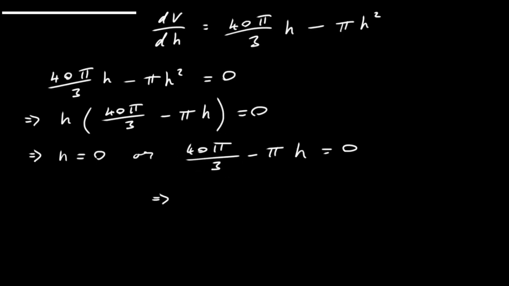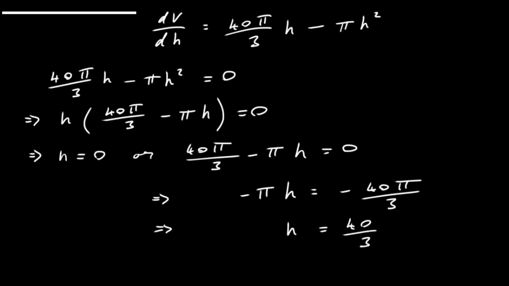Bring this over to the other side, so that gives minus π h equals minus 40π over 3. Divide across by minus π, and that finally leaves us with h equals 40 over 3 centimeters.